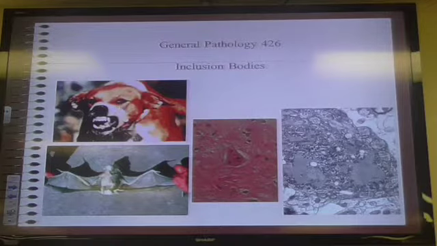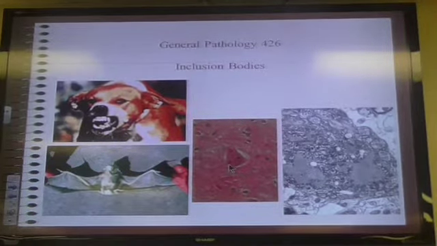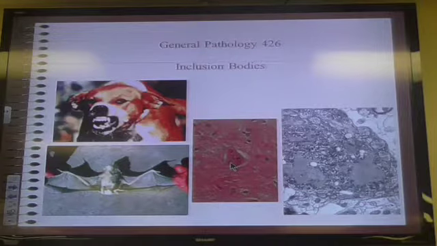And when we look here, what's that? That's an inclusion body. Where's the nucleus? There's the nucleus right there. There's an inclusion body, and there's one there.